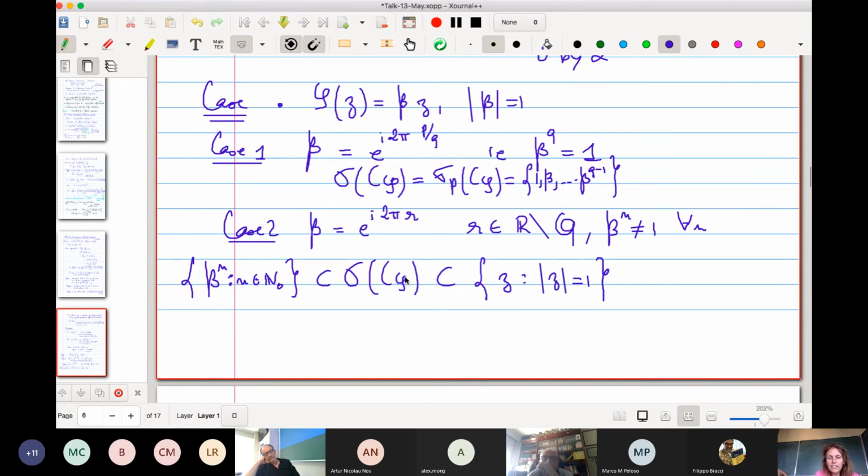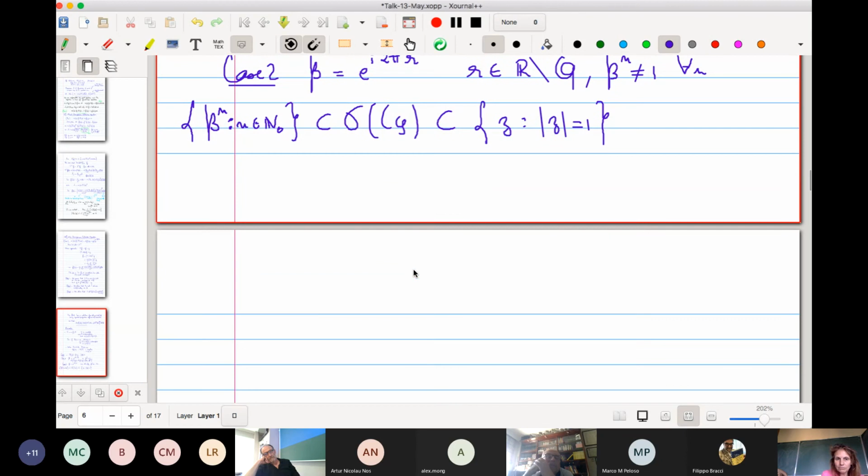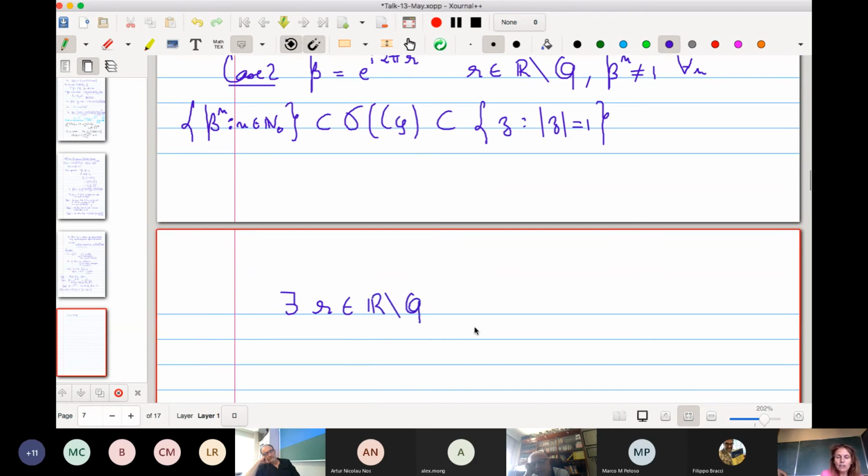But we can manage to find some special irrational numbers, say algebraic numbers, for example, or Diophantine, and even more general, including some Liouville numbers.